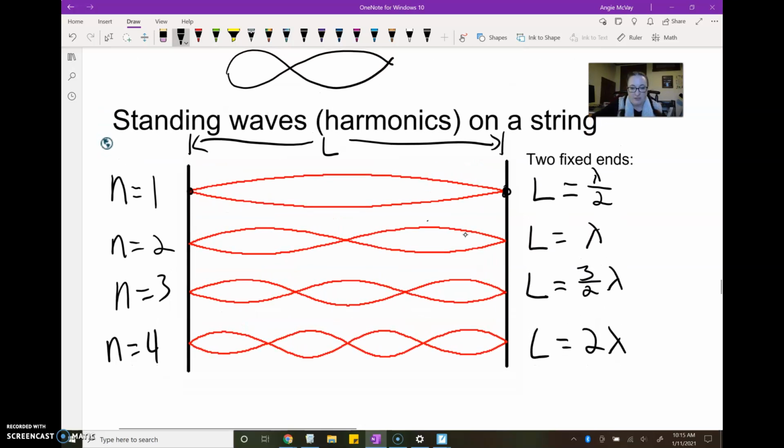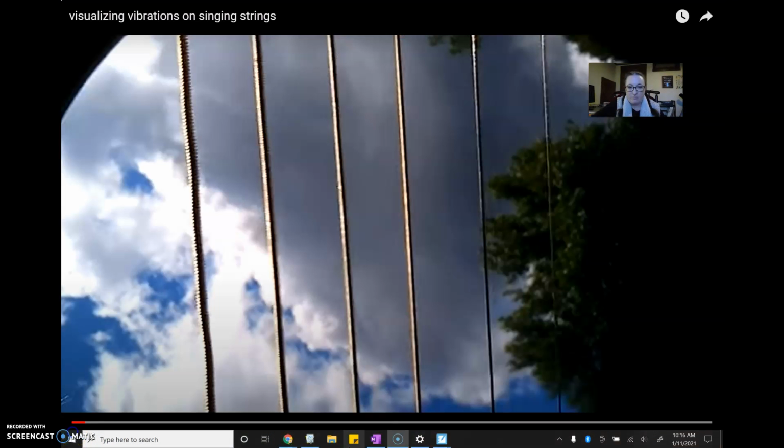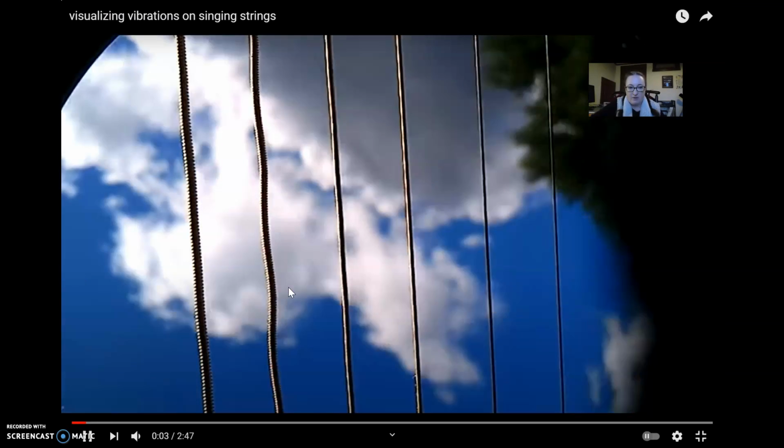There's a visualization that I wanted to show you. Okay, I don't believe you'll be able to hear the audio on this, but there's a musician who put his iPhone inside his guitar to record while he played. And you can see as he's playing the standing waves on the string.